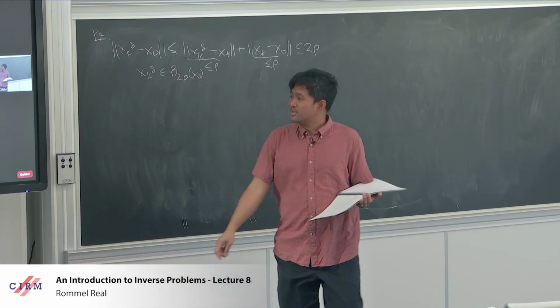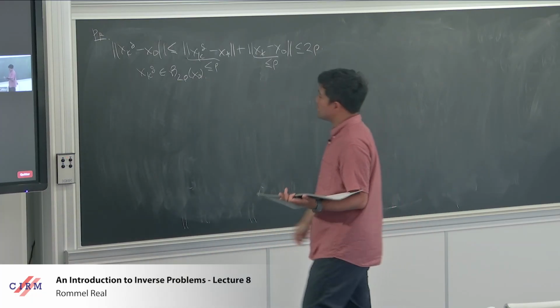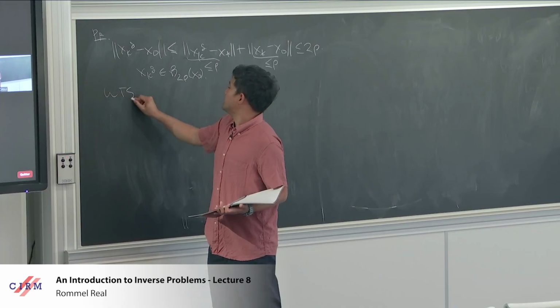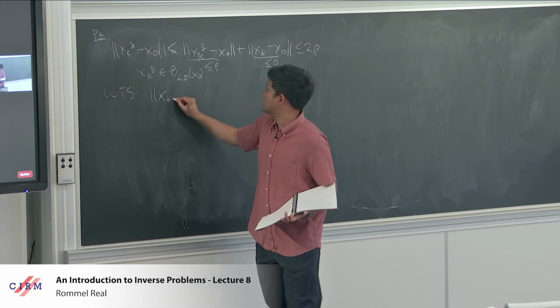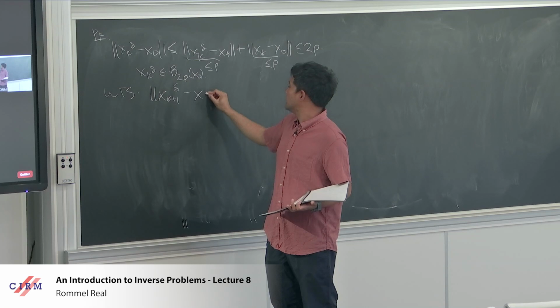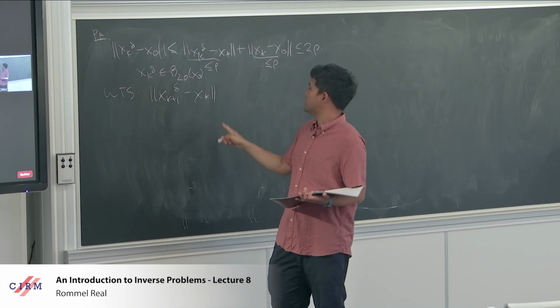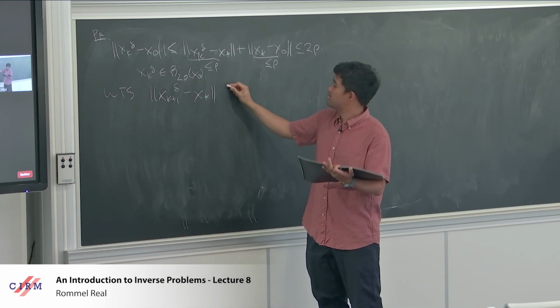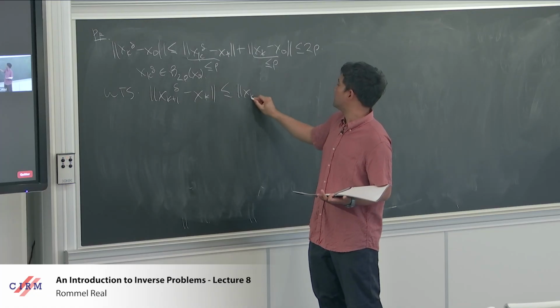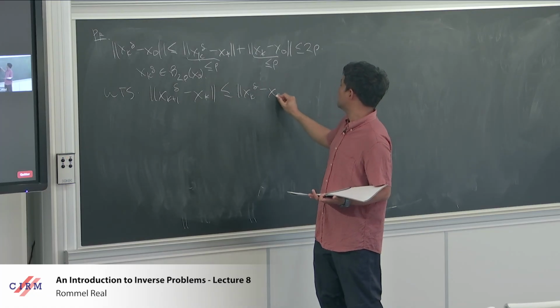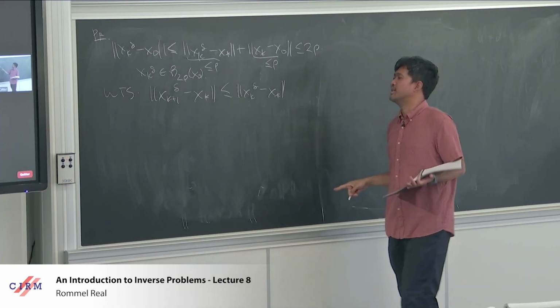neighborhood. So now, what we need to show is that the error at the k plus 1 iteration must be less than or equal to the error at the previous iteration k.